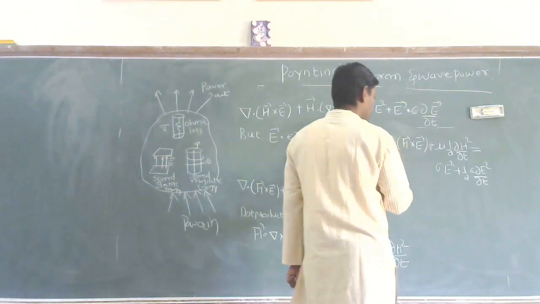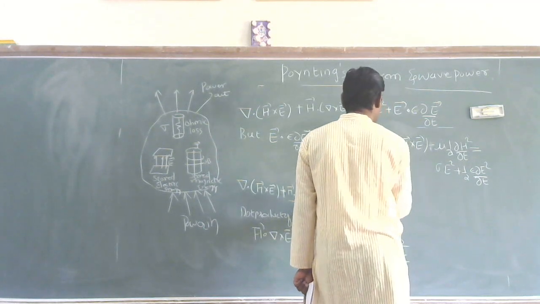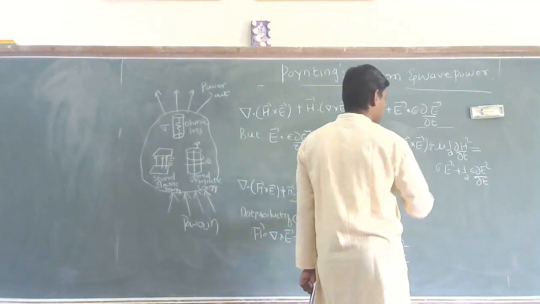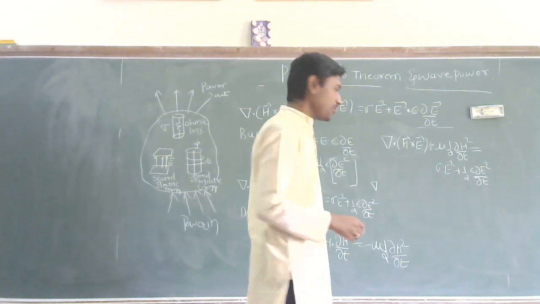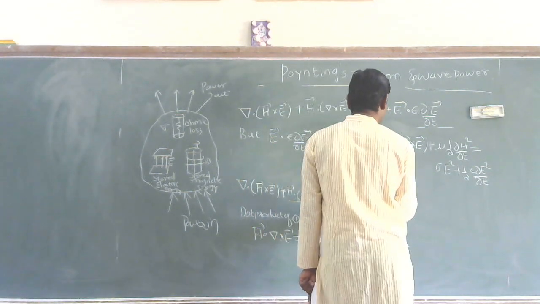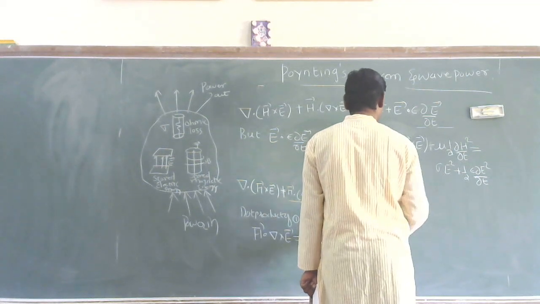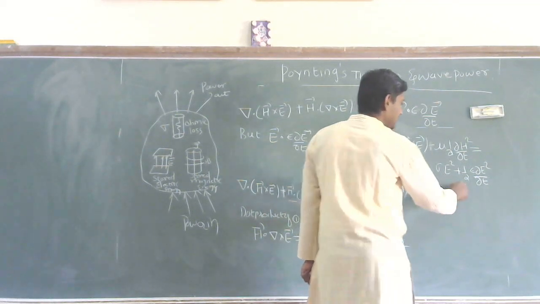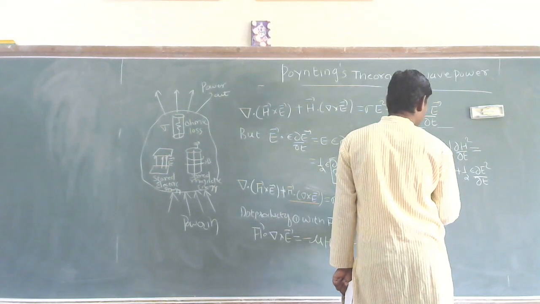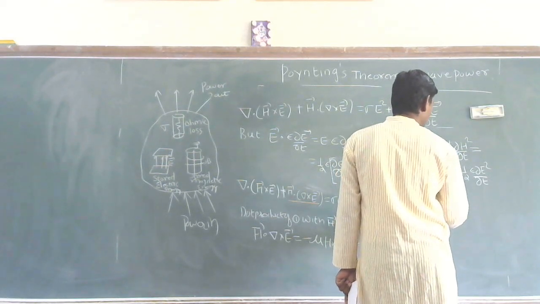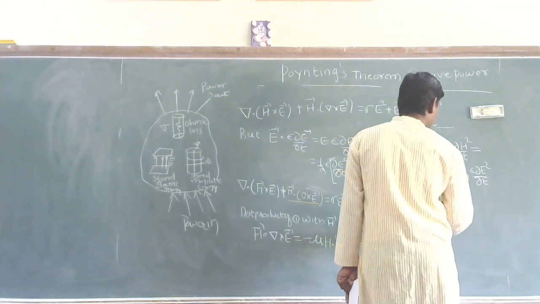So we are almost done. You could check that I can write this H cross E as minus E cross H, so it will be minus del dot (E cross H). And I'll take this term over to this side, which is mu 1 by 2 dou H square by dou t.